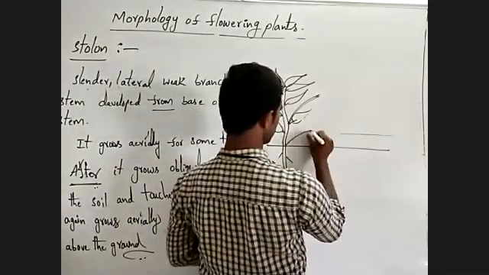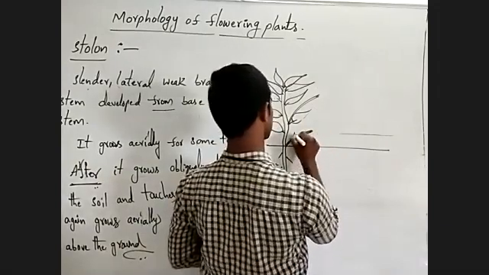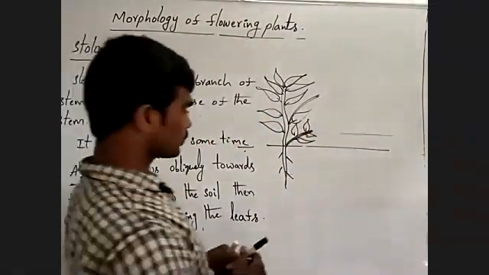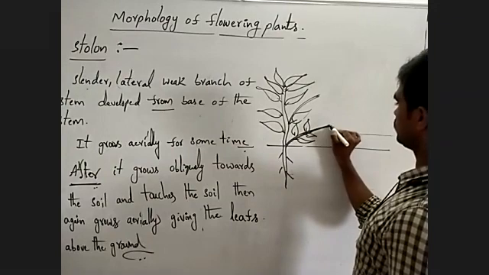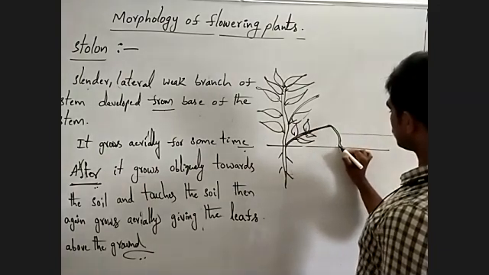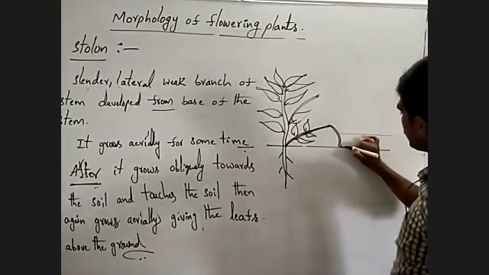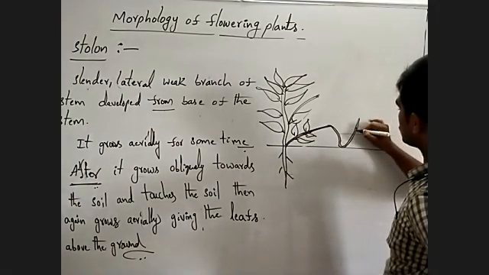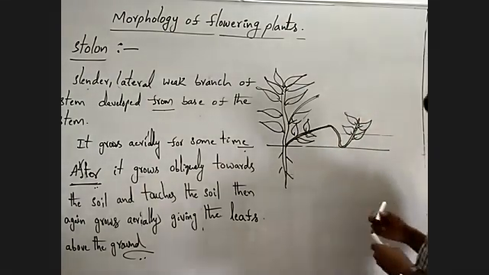A small branch grows aerially for some time like this. Then it grows obliquely towards the soil and touches the soil and again grows aerially towards the sunlight by giving the leaves.